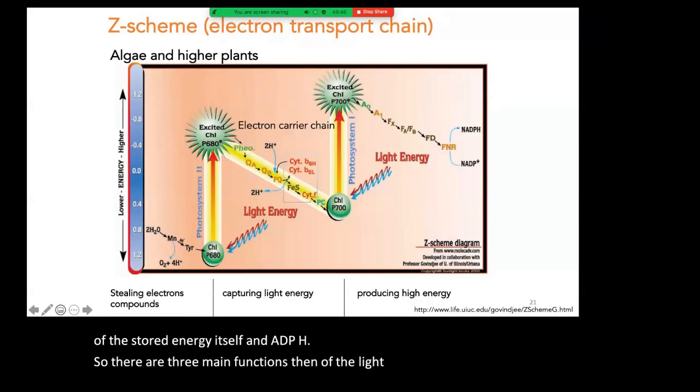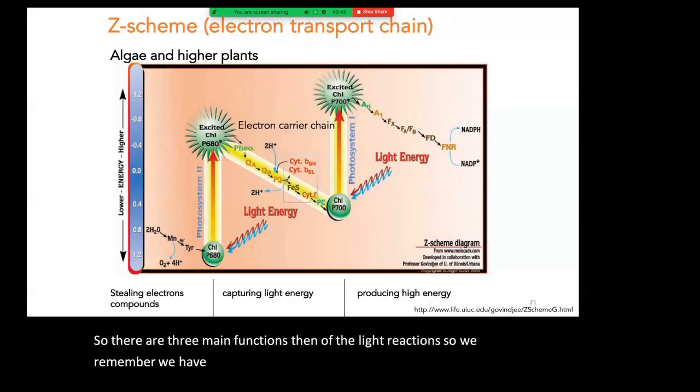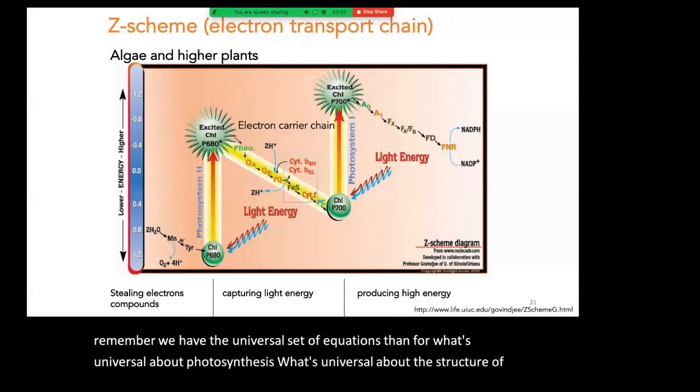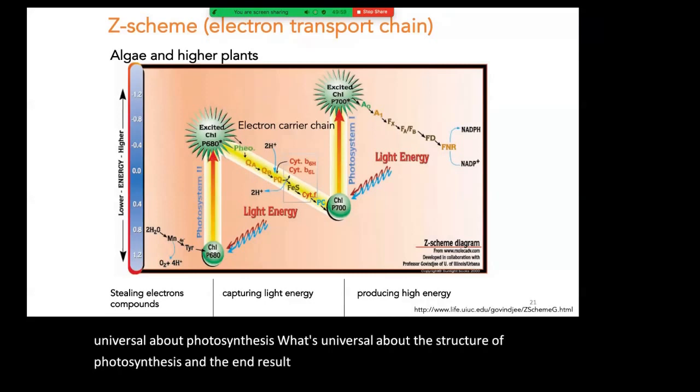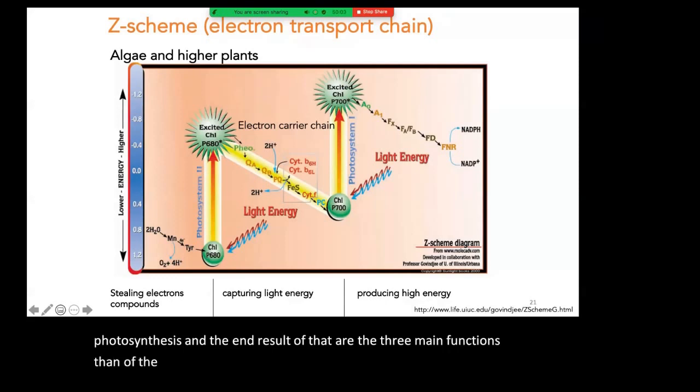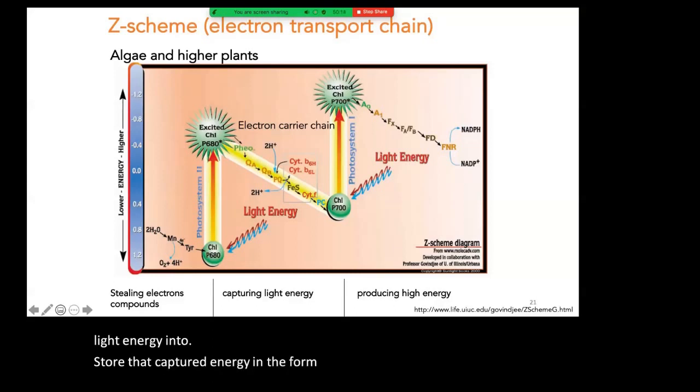So remember, we have the universal set of equations for what's universal about photosynthesis, what's universal about the structure of photosynthesis, and the end result of that are the three main functions of the light reactions. And that is to steal electrons, to capture that light energy, and to store that captured energy in the form of these stored molecules.